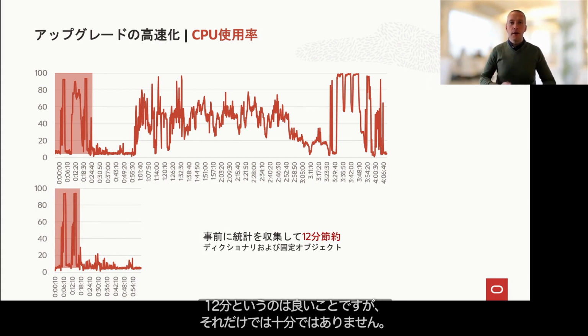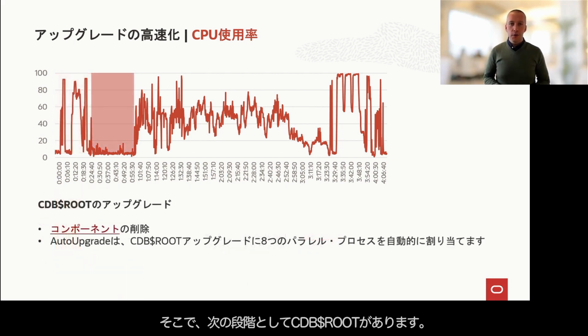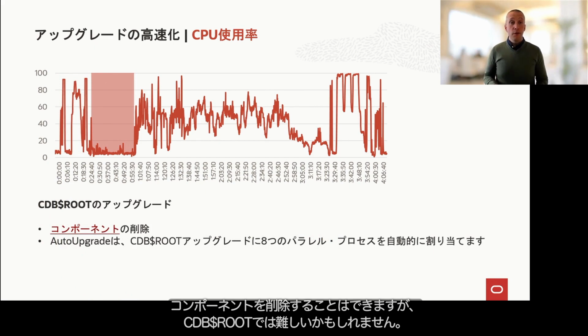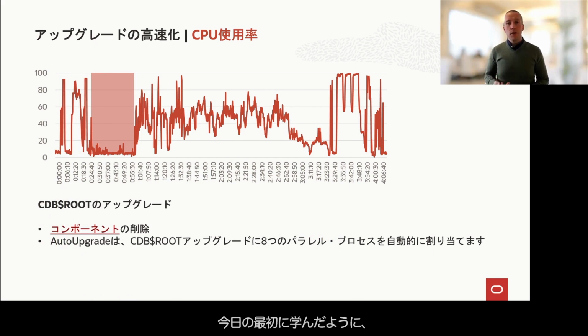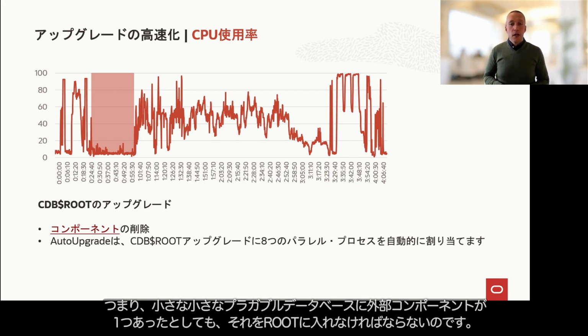We want more. So the next phase is CDB$ROOT. You can remove components, but that might be hard in CDB$ROOT because we learned previously today that the components in root have to be a superset of all the components in all of your pluggable databases. So if you have one little tiny pluggable database out here with one exotic component, you also have to have it in root.